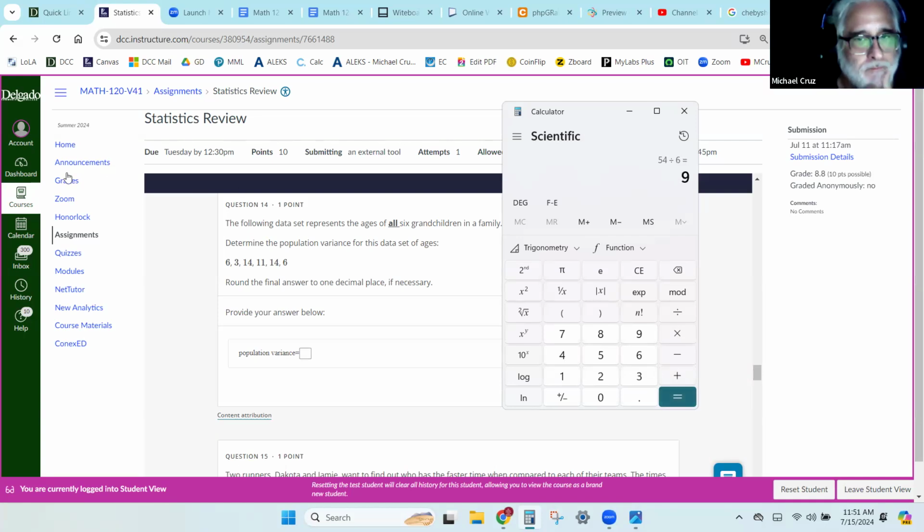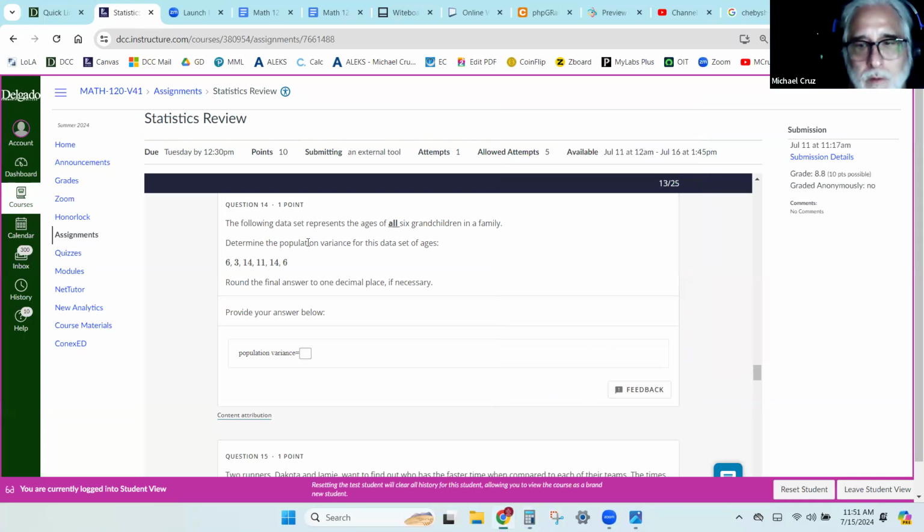Okay, good. So it's again population. I don't think they use sample in here, but we'll see. So then the mu is 9. So this one won't be too hard. And again, the only thing that's different is we just don't take the square root at the end.